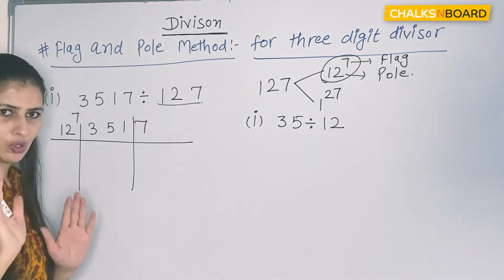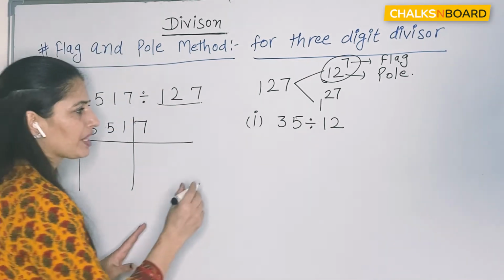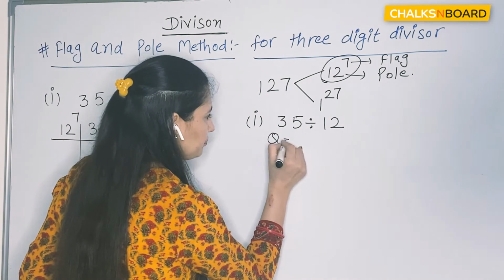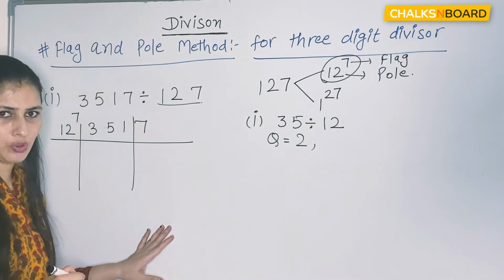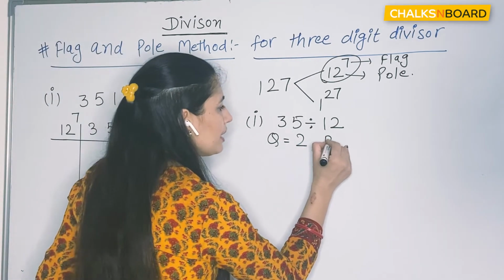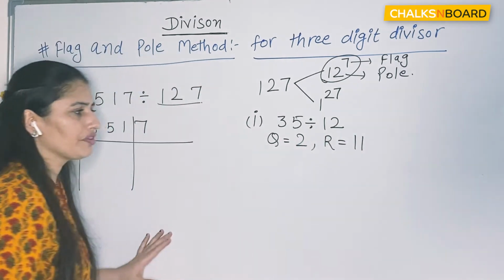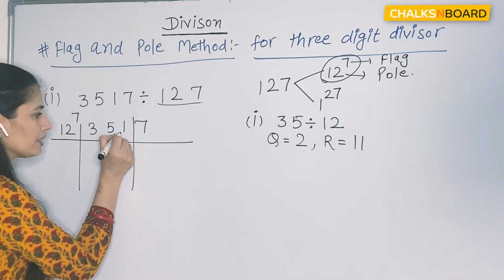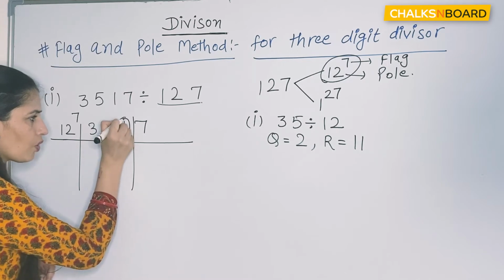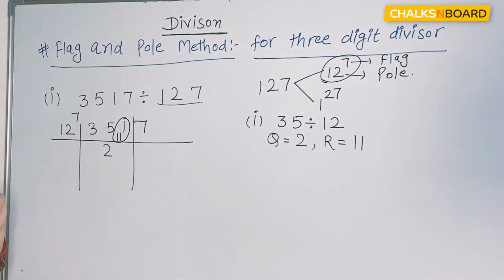So what is our quotient and what is our remainder? Our quotient is 12 2s are 24, that is 2 is our quotient, and remainder is 11. So we have to put our quotient here and remainder here, that is 111 is our next number.